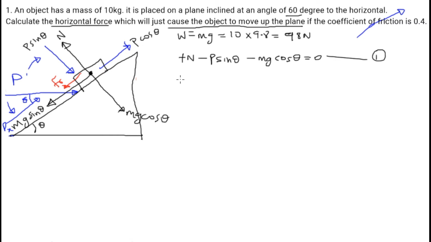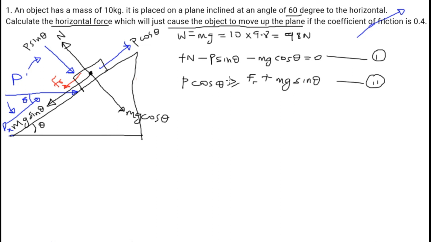Now to find the other equation of the object. For the object to be accelerated up the inclined plane according to the question, it means that P cos theta has to be greater than or equal to the summation of the forces in the opposite direction, which is Fr plus mg sin theta. So this is equation 2.